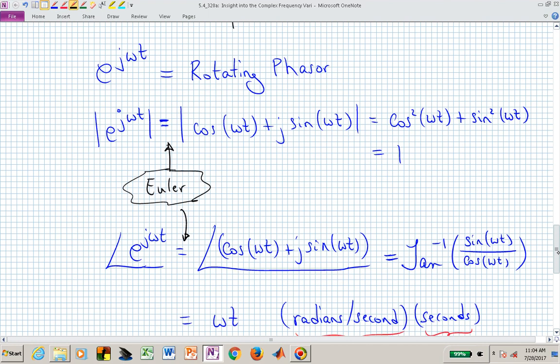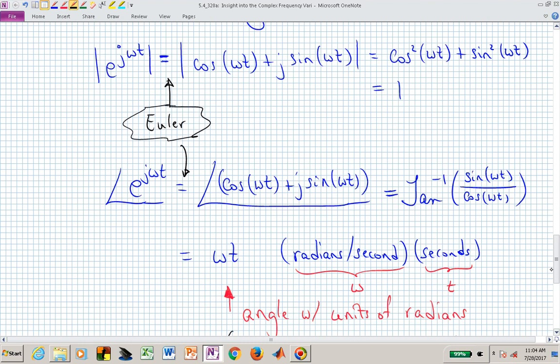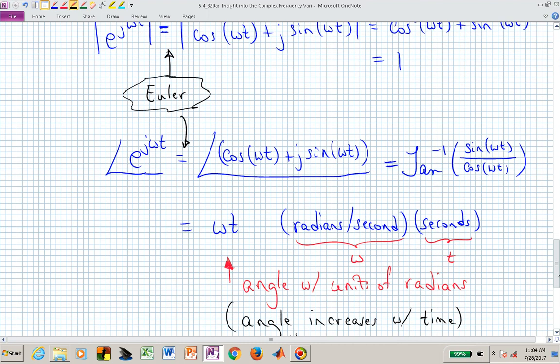But sine over cosine is just tangent, so now we have the inverse tangent of tangent omega t. The inverse tangent and tangent wipe themselves out, and we're just left with the argument, which is omega t. Omega has units of radians per second. T is seconds, and that makes sense.